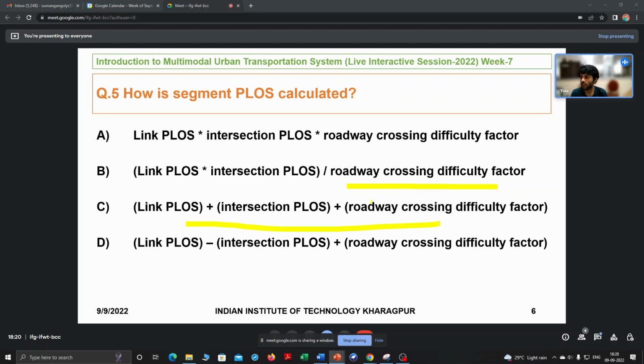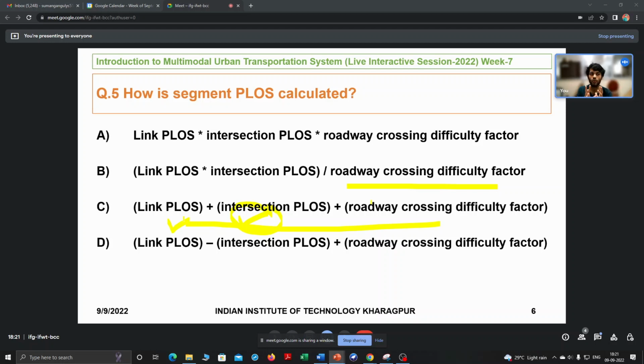I just mentioned that you need to add them up. What is the link PLOS? What is the intersection PLOS? The intersection PLOS is very straightforward, and in the case of the link, you need to take the worst of pedestrian LOS plus the average space, meaning you need to compare which is the worst.